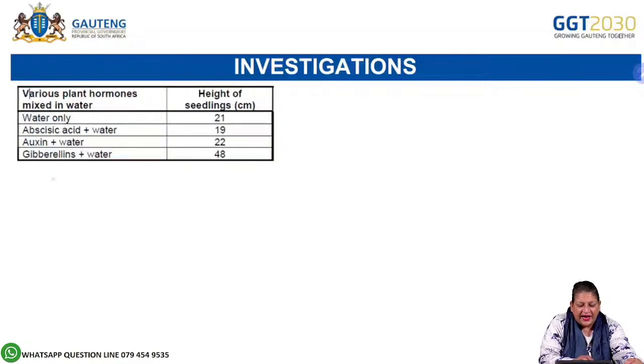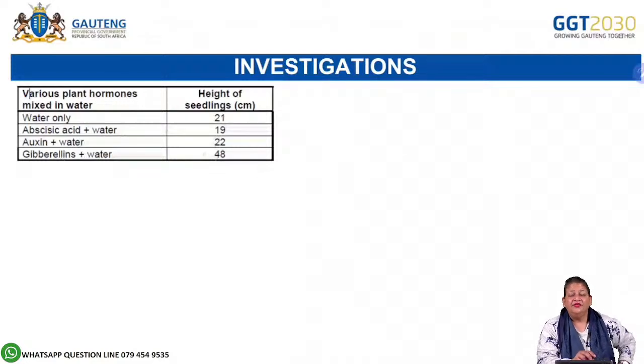And then you see the height of the seedlings. Where there's water, it was 21 centimeters. Where it was abscisic acid and water, it seems like the height decreased. Where it was auxins and water, the height of the seedlings increased. But when it was gibberellins and water, it was 48 centimeters in height.